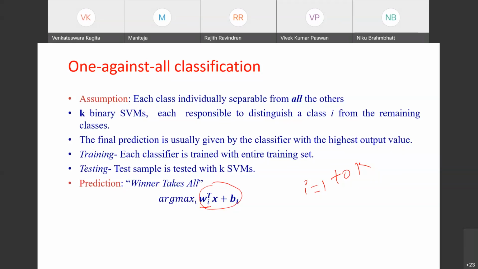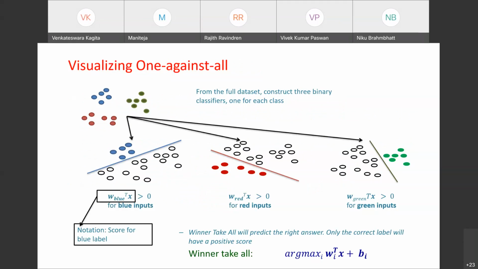Okay, so let us see it visually for better understanding. Let's suppose we have instances from three classes: red, green, and blue. One against all learns three classifiers. One is the blue classifier, which separates blue points from the rest of the points. The other is the red classifier, which separates red points from the rest.